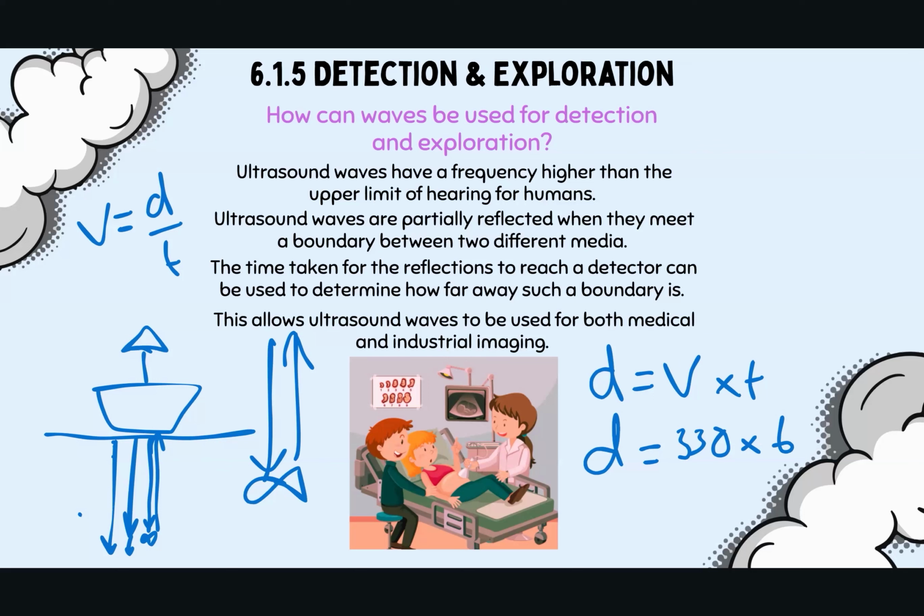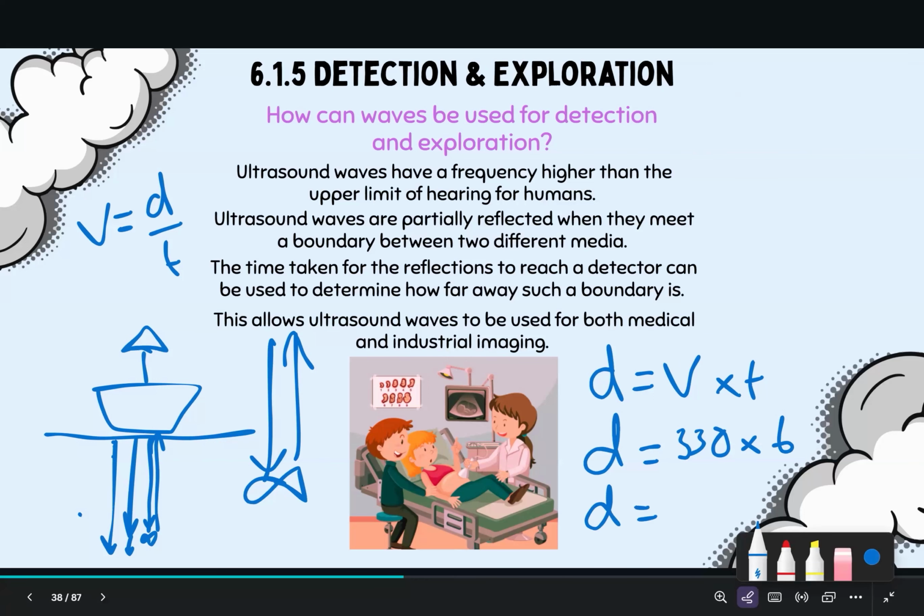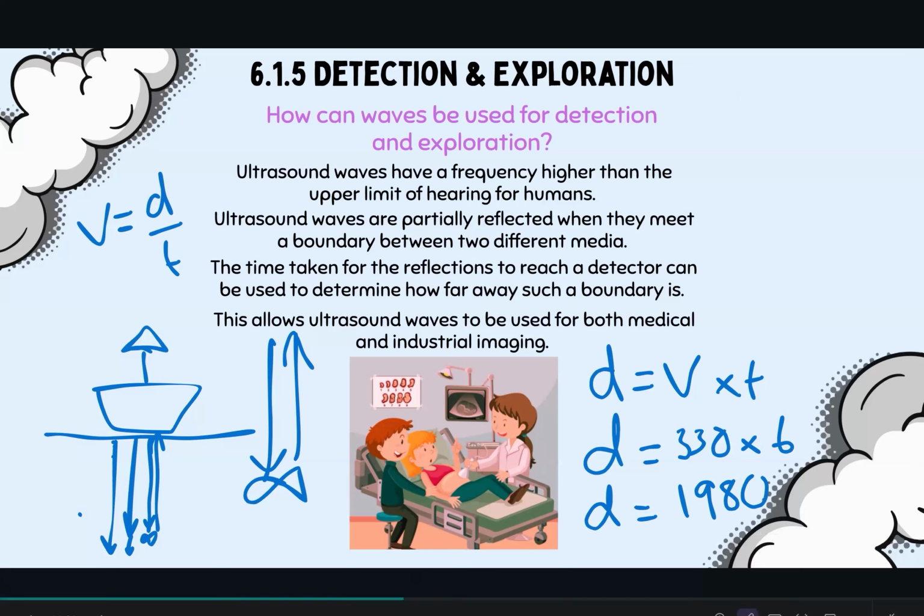So we now know distance equals, oh, I feel like I wrote that wrong. Yeah, 1,980 meters. But the time that we just calculated is the time that took to reach the fish and come back.